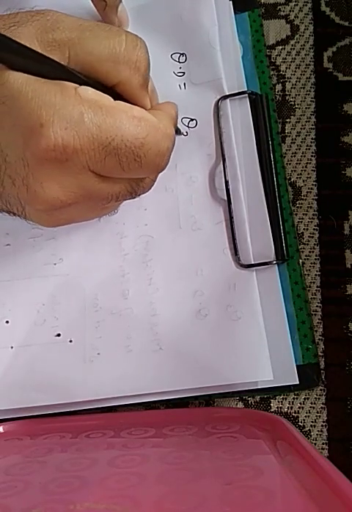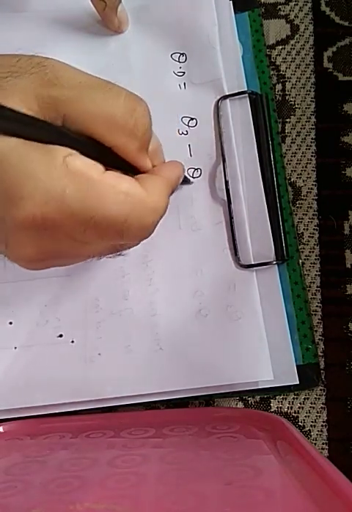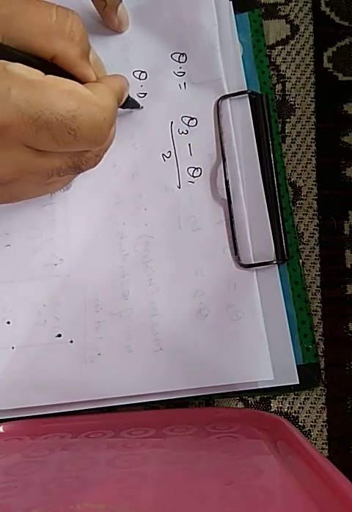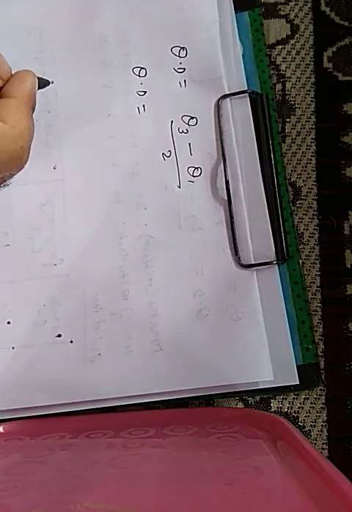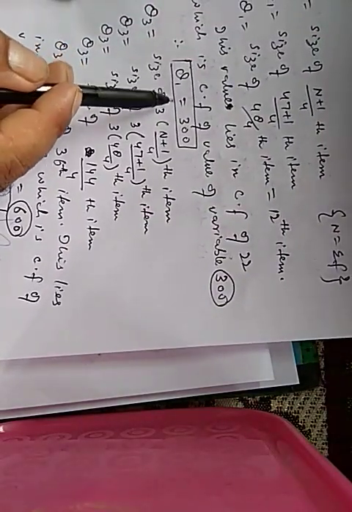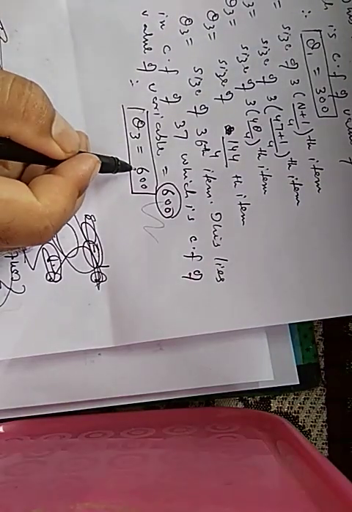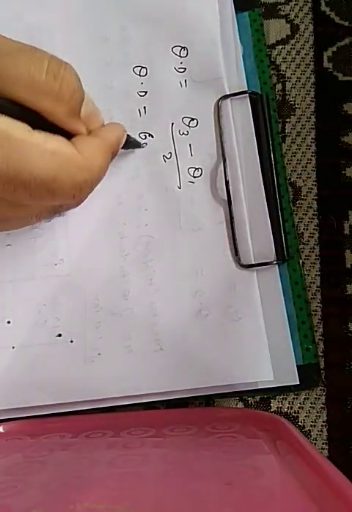Quartile deviation is equal to value of third quartile minus value of first quartile divided by 2. The value of first quartile is equal to 300. The value of third quartile is equal to 600.